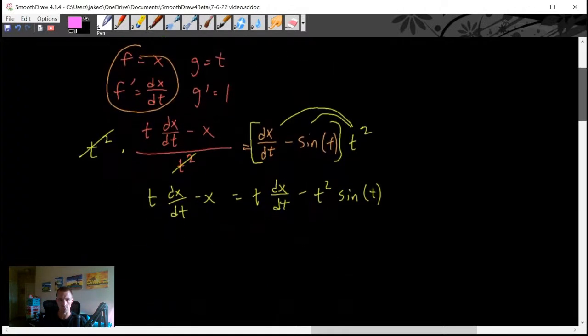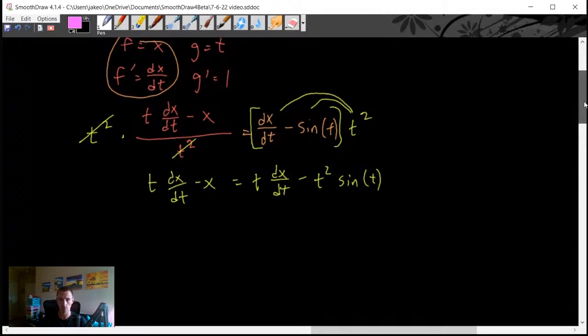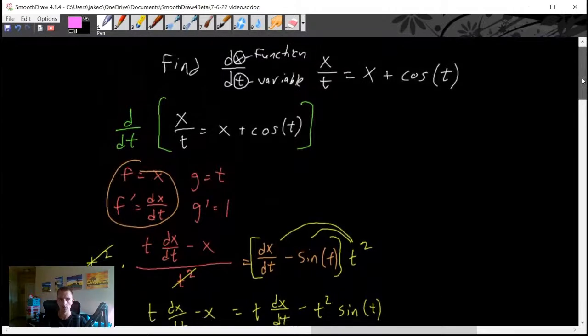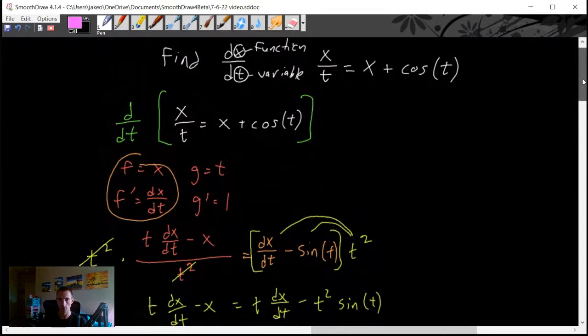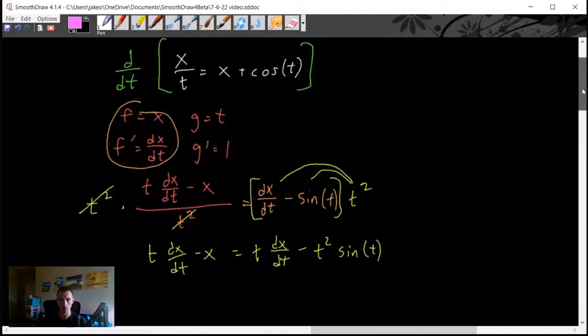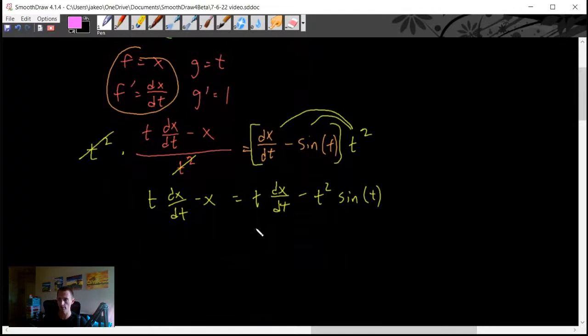Because what's about to happen is if we subtract our dx dt terms to one side of the equation, they're all going to cancel each other out, which we don't typically expect with these implicit differentiation problems. All right, well, I guess that is just the cost of doing things live sometimes. Typically what we would want to do at this point is subtract all of our dx dt terms to one side.